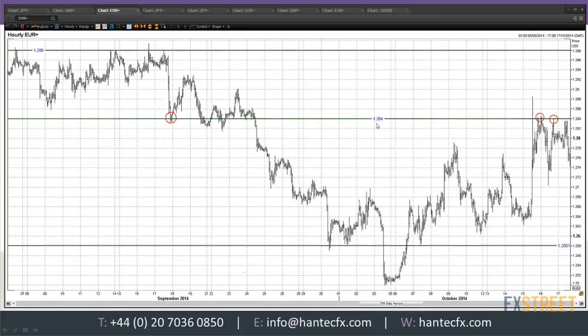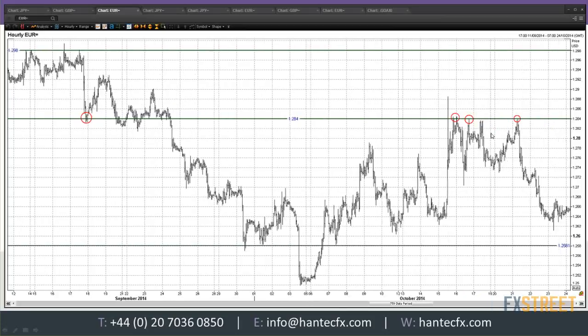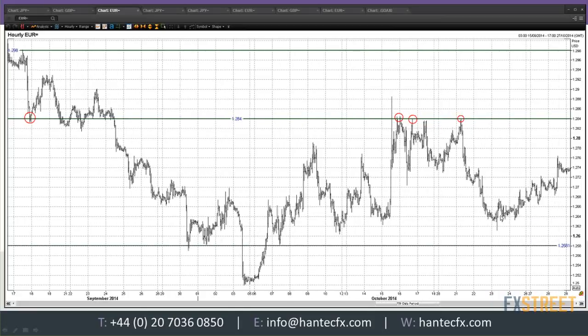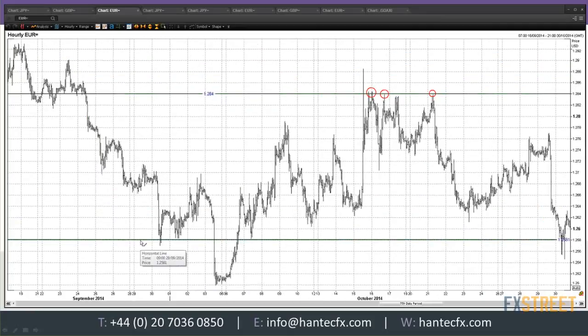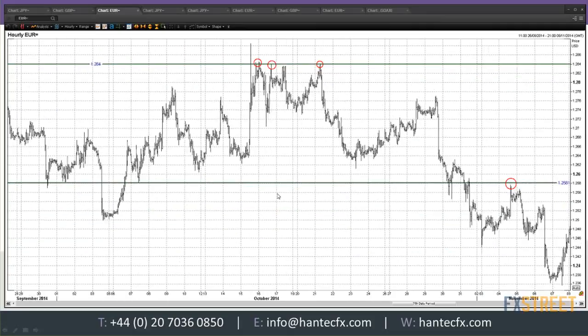Interestingly, that support at 128.40 becomes the basis of resistance subsequently in October on these rallies here, rejected on numerous occasions across October. I've got a base of support in here, and that level is 25.80.